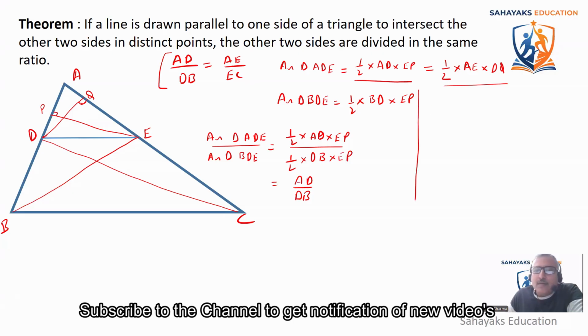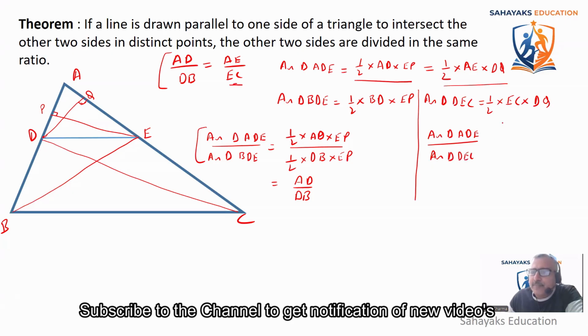Now, what is the area of triangle DEC? Why are we taking it? Because we want EC. Here we have EC, so we have to get EC. That's why we're taking the area of triangle DEC. It is half into, considering EC as the base, EC multiplied by the height, DQ. DQ is the height. Now, similarly, as we have divided here, we take the area of triangle ADE divided by the area of triangle DEC.